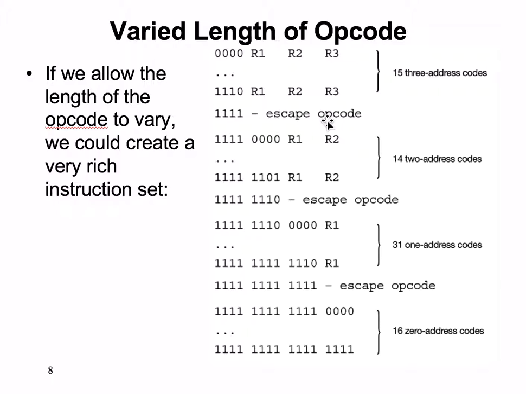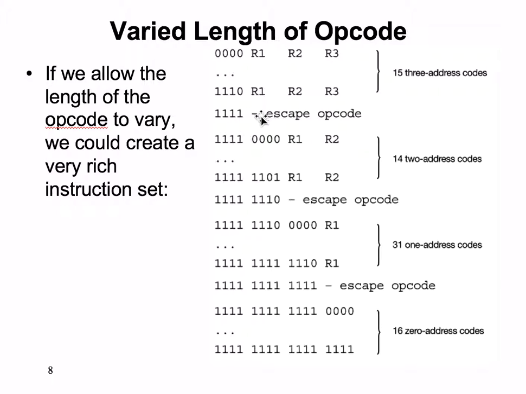And then we have the escape opcode, that's 1 1 1 1. It means that when the first 4 bits are 1 1 1 1, the instruction does not have 3 operands, but instead has 2, 1, or none. This depends on the following group of 4 bits.